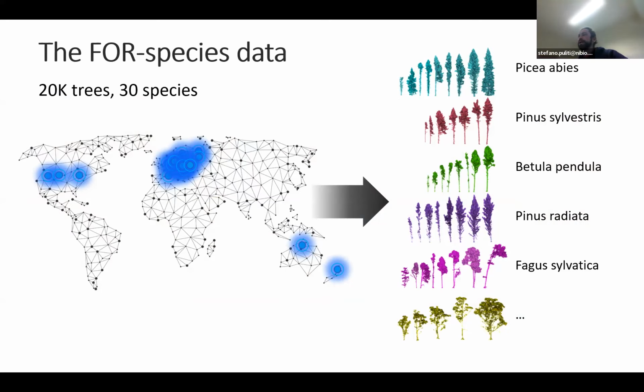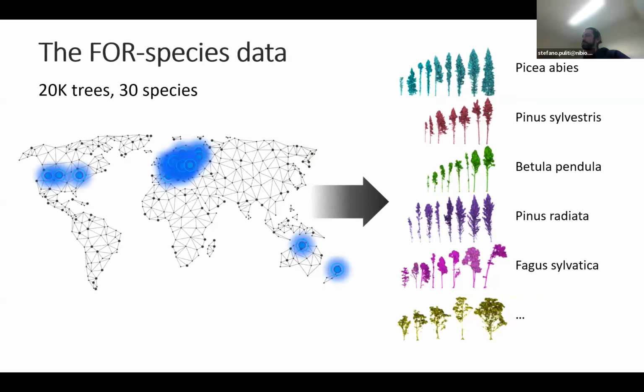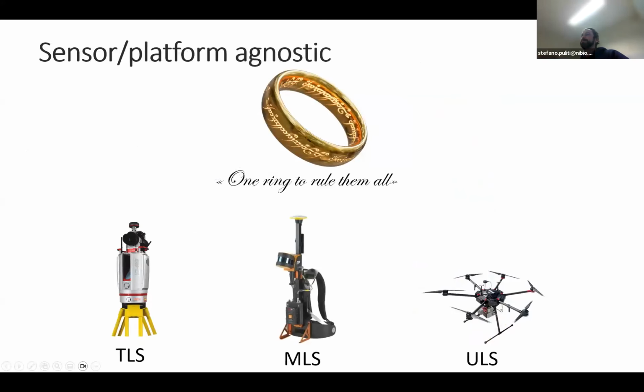The idea is to predict species from these, so each of the trees has a species associated. This is species classification, and we hope to do it in a sensor and platform agnostic way, in the sense that given the same model, we can apply it to terrestrial and airborne data and anything in between.